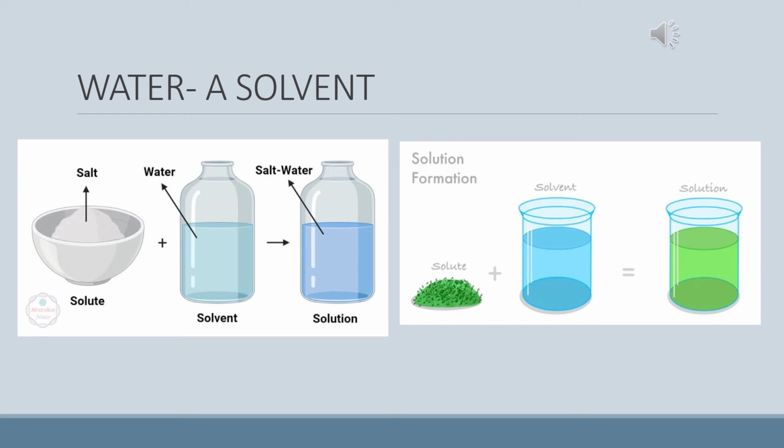In the right hand side picture, the solute is a green colored powder and the solvent is water. The green colored powder has been mixed into the water, and they have made a green colored solution. So here the green powder is the solute as it is less in amount, and water is the solvent.